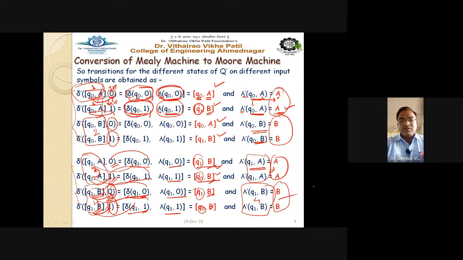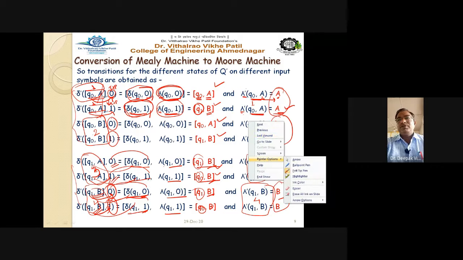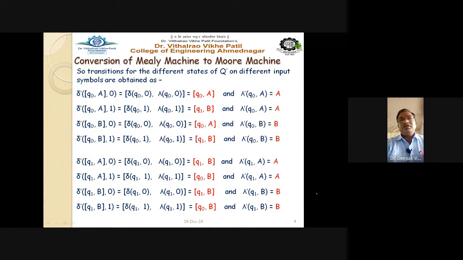So from this we can write the transition table for the resultant Moore machine.